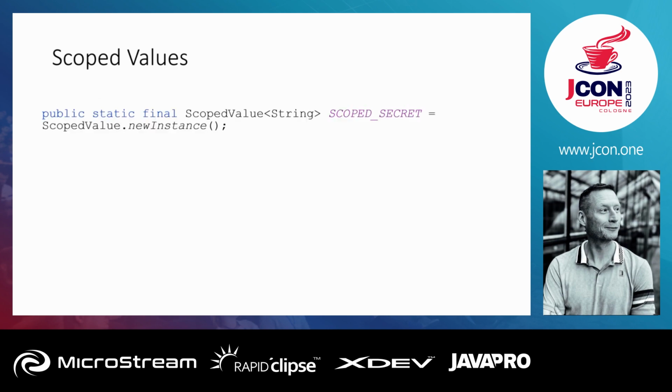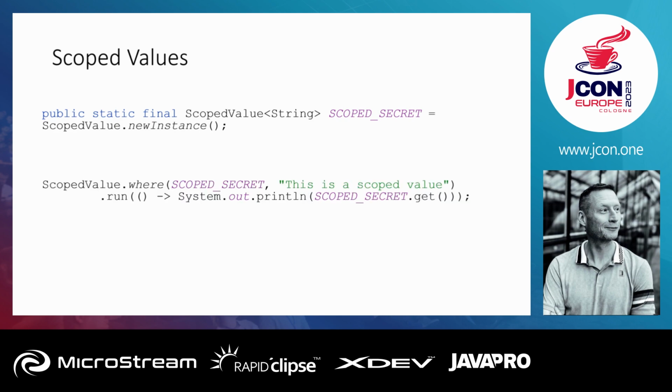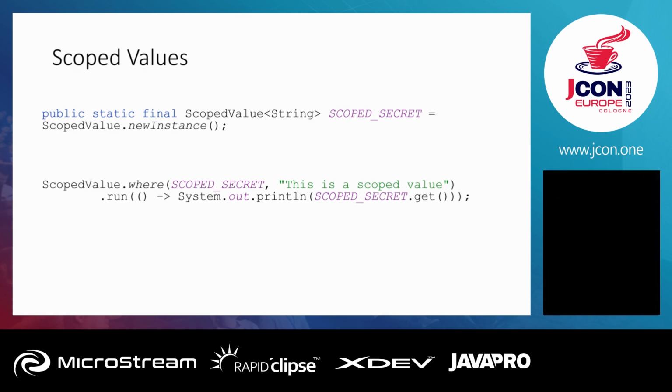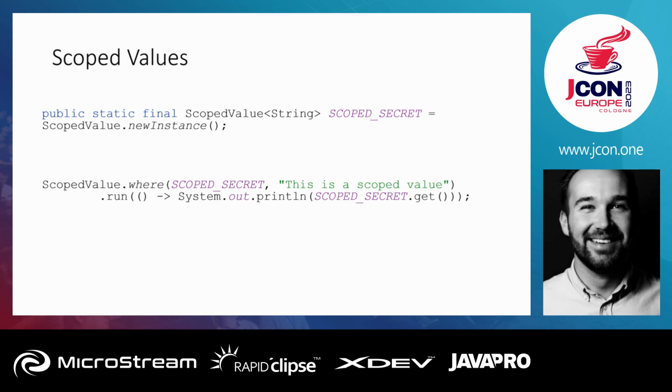Let's look at an example. So we again have the public static final, whatever you need, and you're creating a scoped value new instance. We're not setting a value here. Notice we can't set a value here, because the value can only be set once we call a method. So here, what I'm doing, I'm saying ScopedValue.where, and the where is where I'm saying, okay, this is my variable, and it's going to have this value.